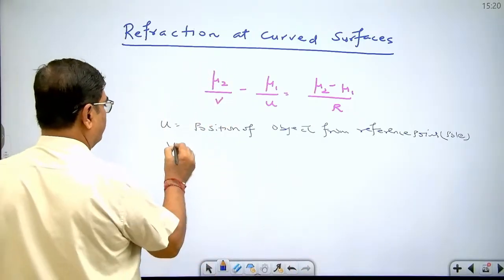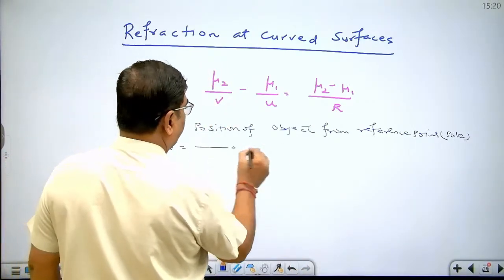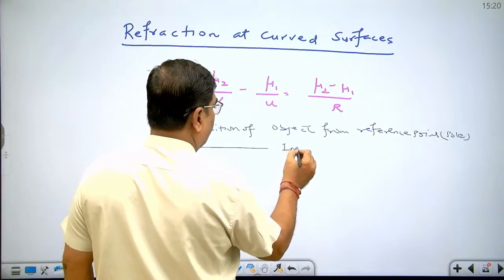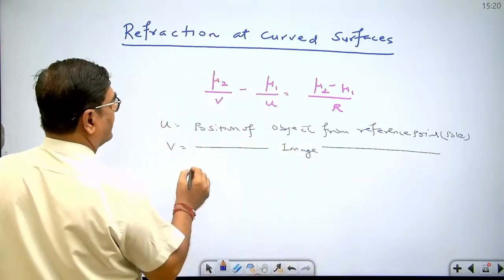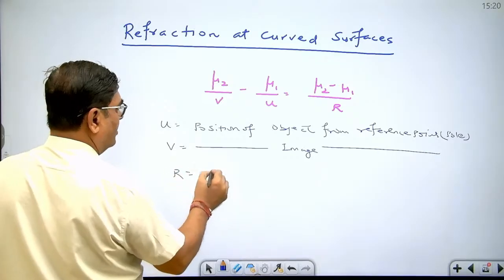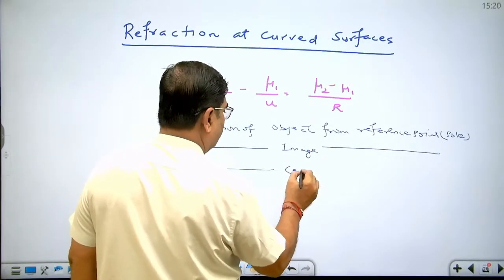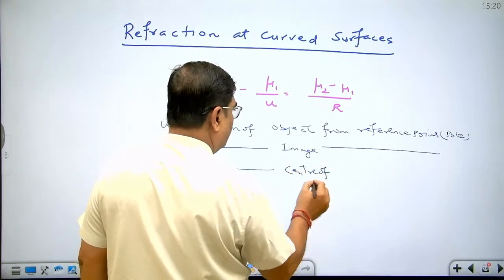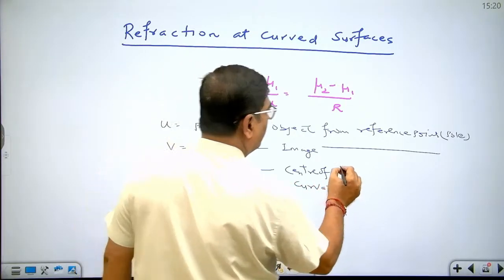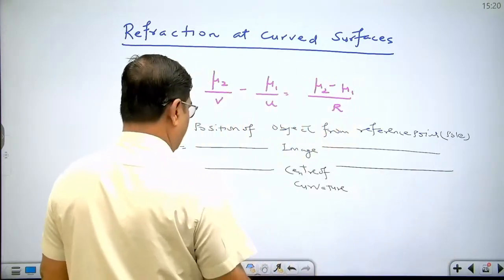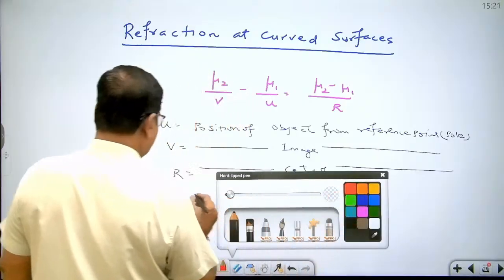And v is the position of the image from the reference point, and R is the position of the center of curvature from the reference point. And dear student, what is mu1?